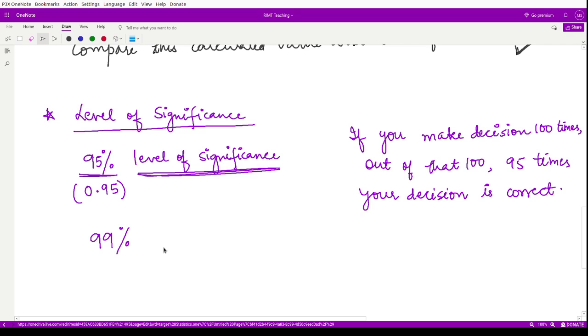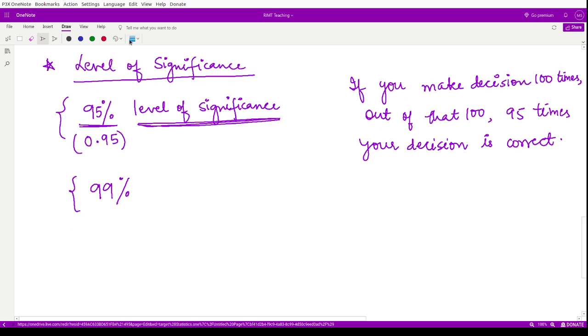In other cases we may also take this to be 90% or whatever level you would define. So that is the meaning of level of significance. And next, for different tests you have different values for the level of significance. Based on this we define our next term, which is the critical region.